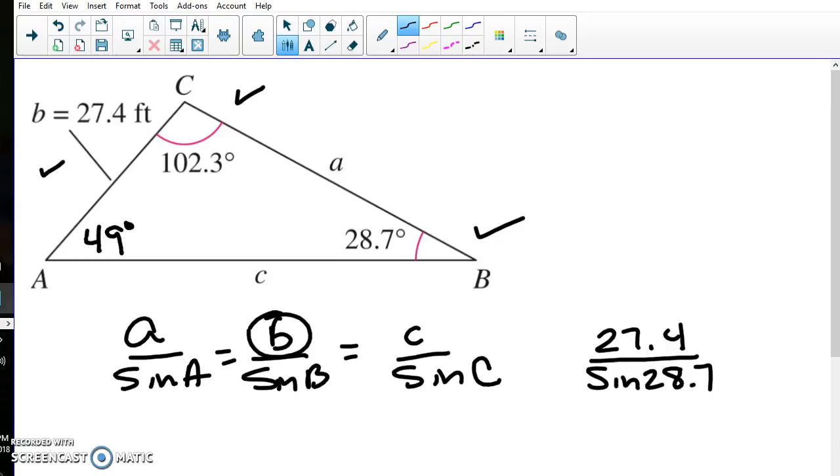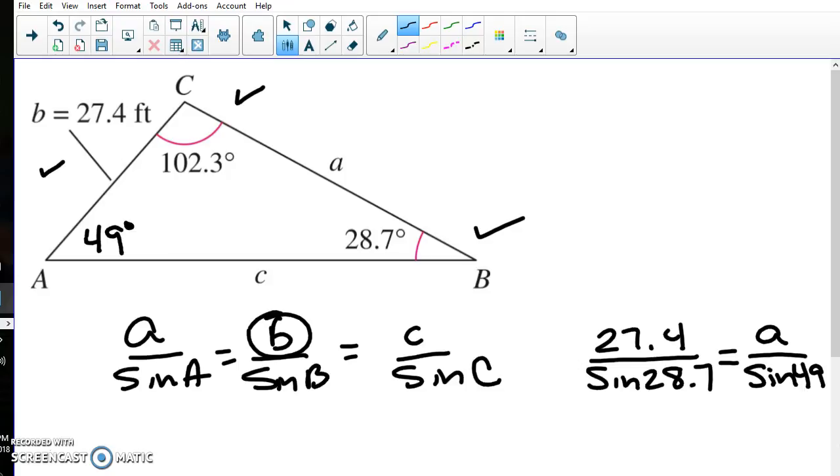So we can use this ratio to solve. This is b over sine B. We can set that equal to a, side a, over the sine of A, which we determined was 49 degrees after we did our subtraction.